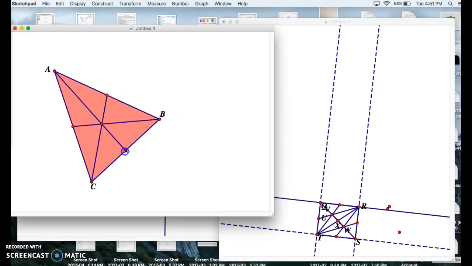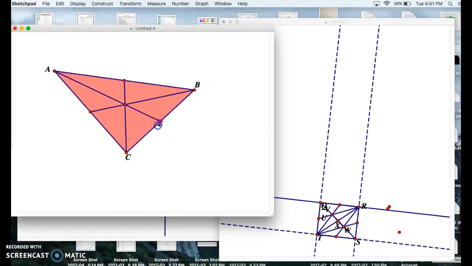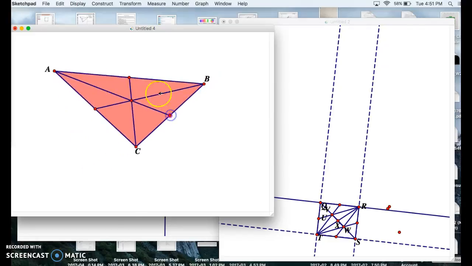And if you try to move the midpoint, actually, I'm going to put up here some of the measurements so that you see how these change along.